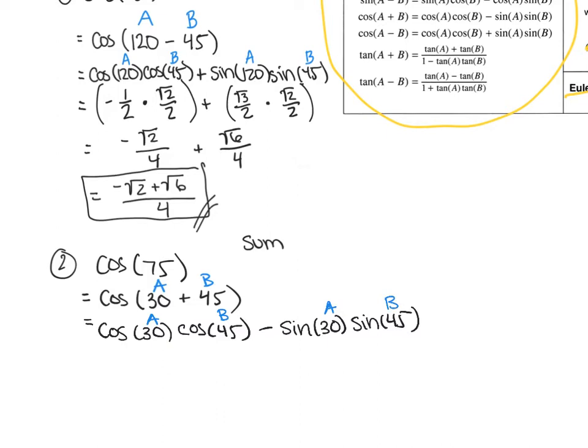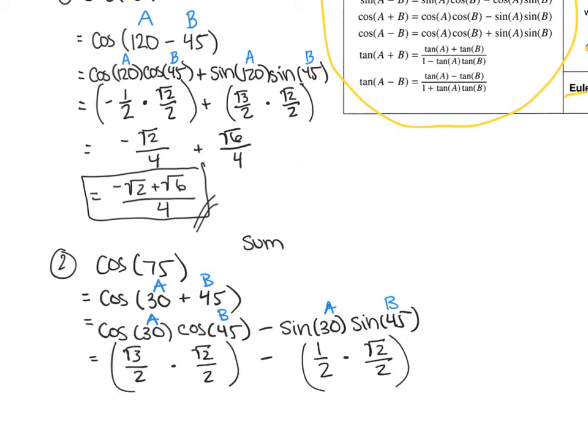Now we've had our identity, and we get to use it. On our test, it's going to be really important to know that unit circle. So cosine of 30 degrees is square root of 3 over 2. Cosine of 45 degrees, square root of 2 over 2. We're going to multiply those together and subtract sine of 30 degrees, which is 1/2, times sine of 45 degrees, which is square root of 2 over 2.